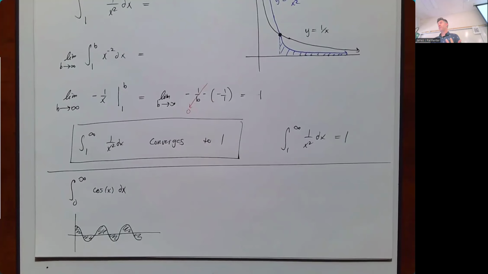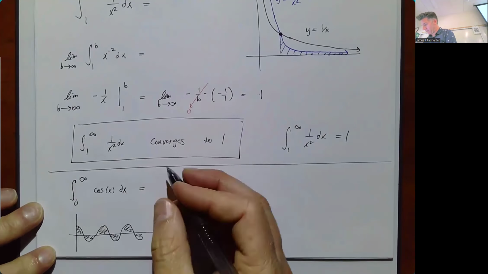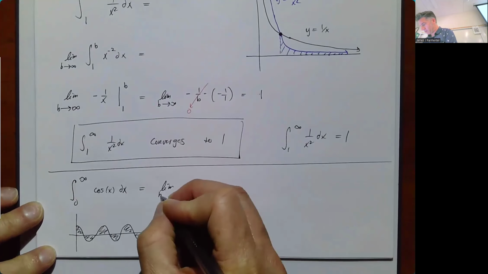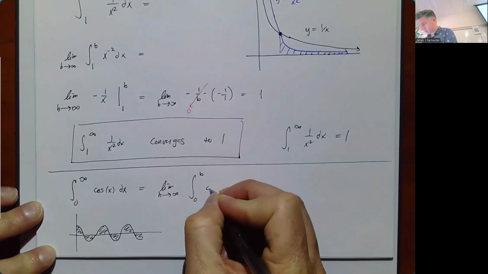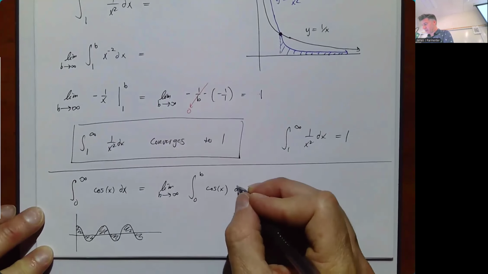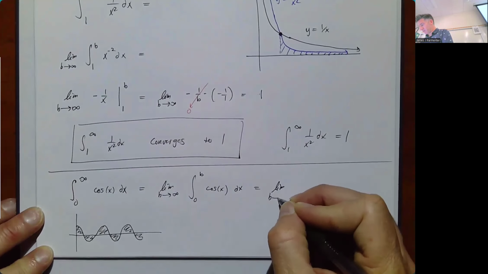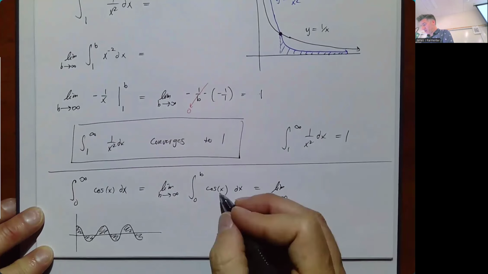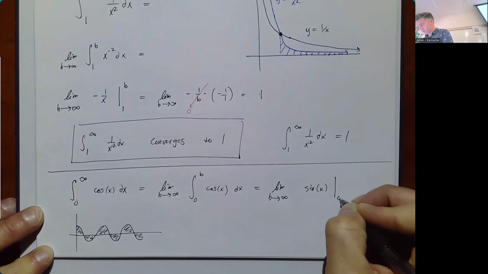Doing this the right way, let's see what happens. So infinity, I have to replace it with a b or whatever letter we like. So I've got the limit as b goes to infinity of the integral from 0 to b of cosine of x dx. And then we're going to get the limit as b goes to infinity. The antiderivative of cosine is positive sine of x from 0 to b.